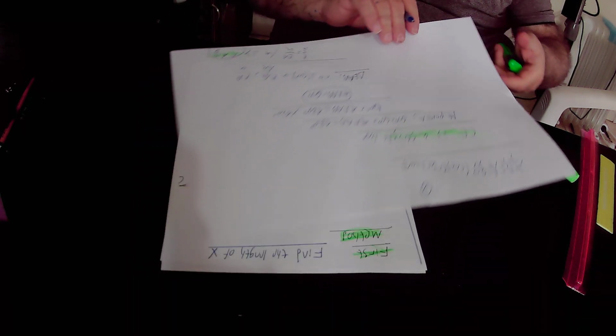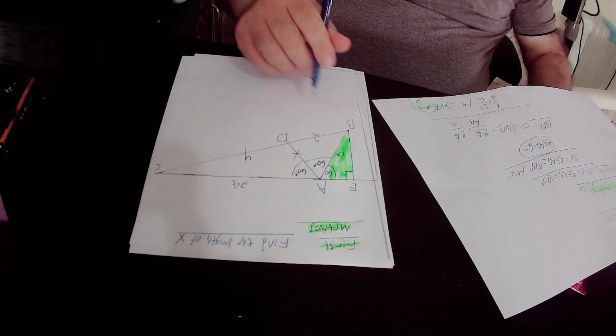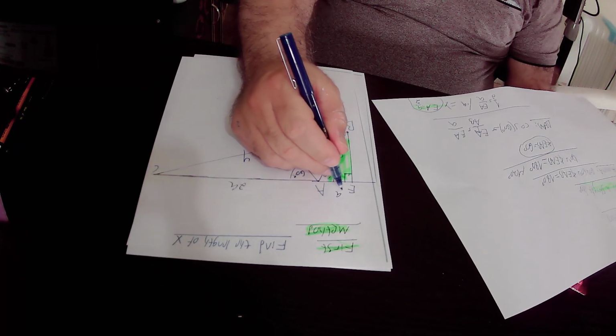So I found out here that EA equals A over 2.